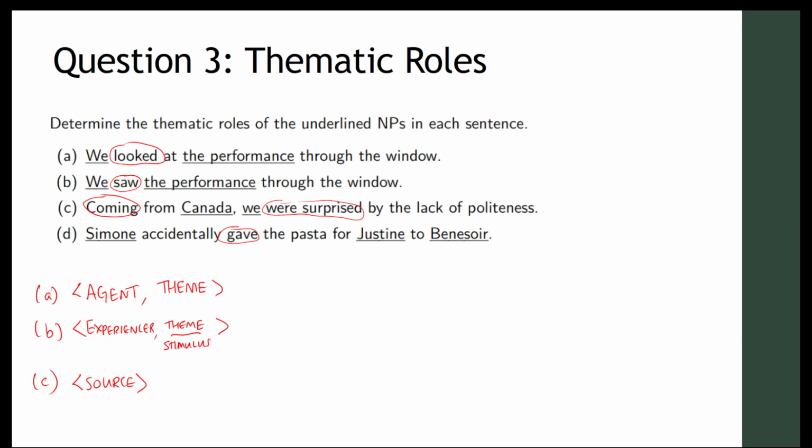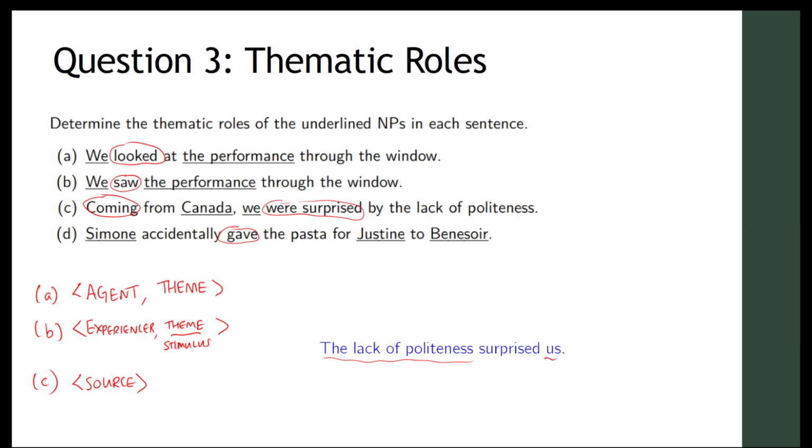Now, we were surprised by the lack of politeness. I want to give you an alternative to this sentence. So this is a passive form. We were surprised. But we could rephrase this back into the active form. So we could say, the lack of politeness surprised us. Now, this has the same meaning, but instead of passive, it's an active form. So what happens here?